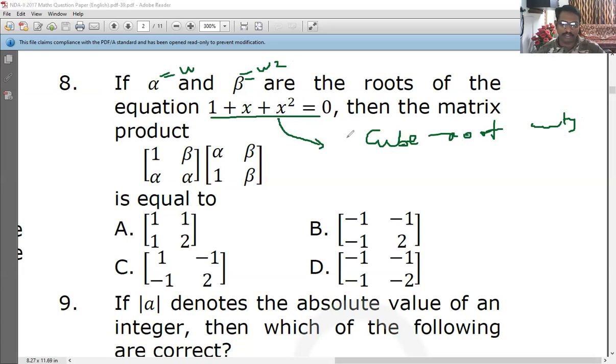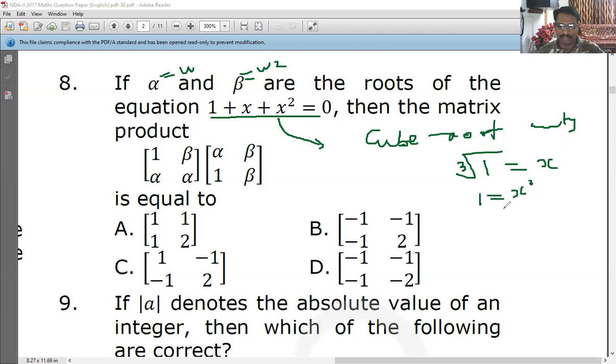A short note on the cube root of unity. How do we actually get this? You say this is the cube root of 1, and you take it as x. Then we know that the cube root of 1 is always 1. But you have to remove the cube root, so we cube it on this side. So what we get is 1 is equal to x cube.